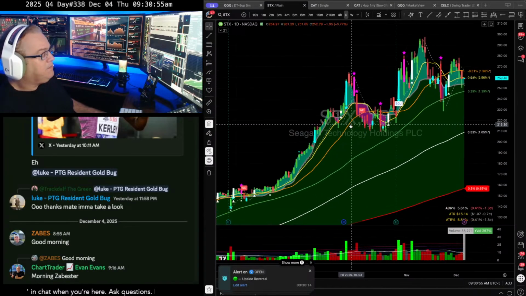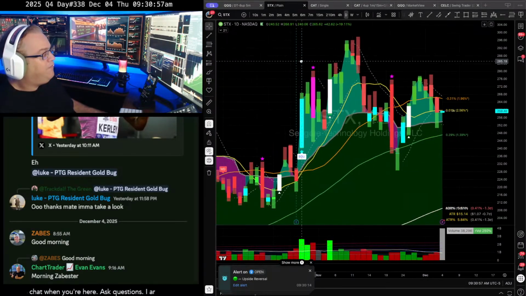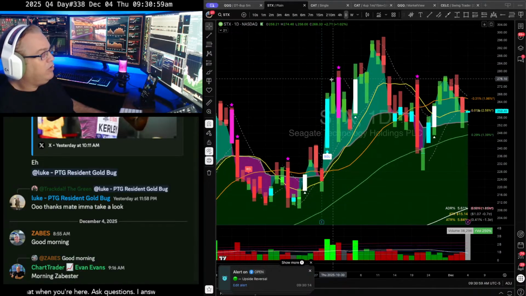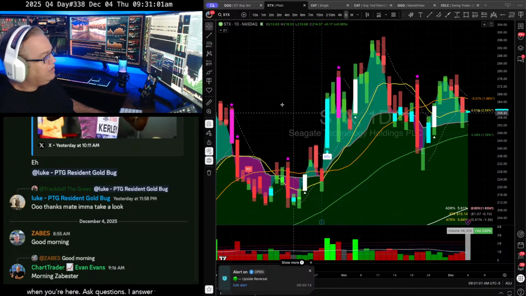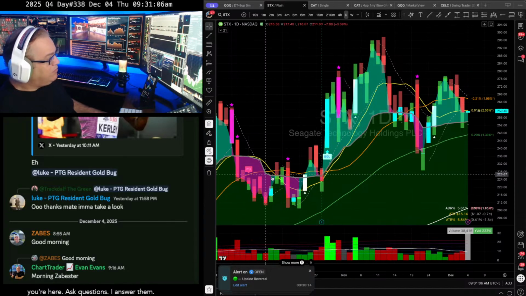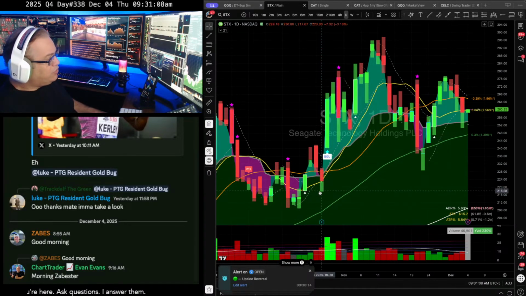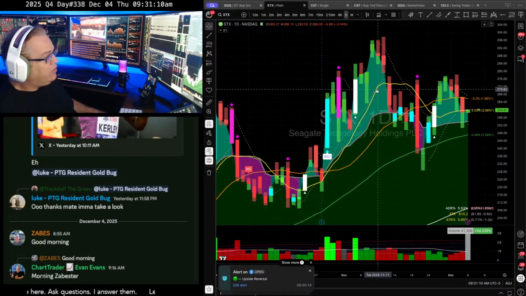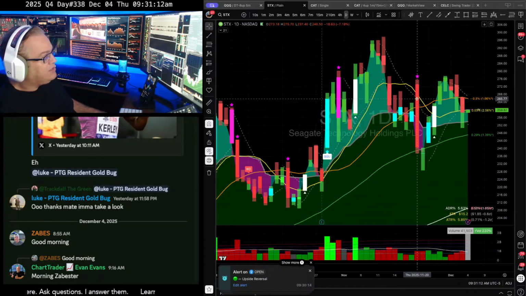STX, this is pretty cool. It took a ton of programming, you couldn't believe, to create these wispy dotted trailing marks, which sort of hold you in or out of a trade until it breaks them.